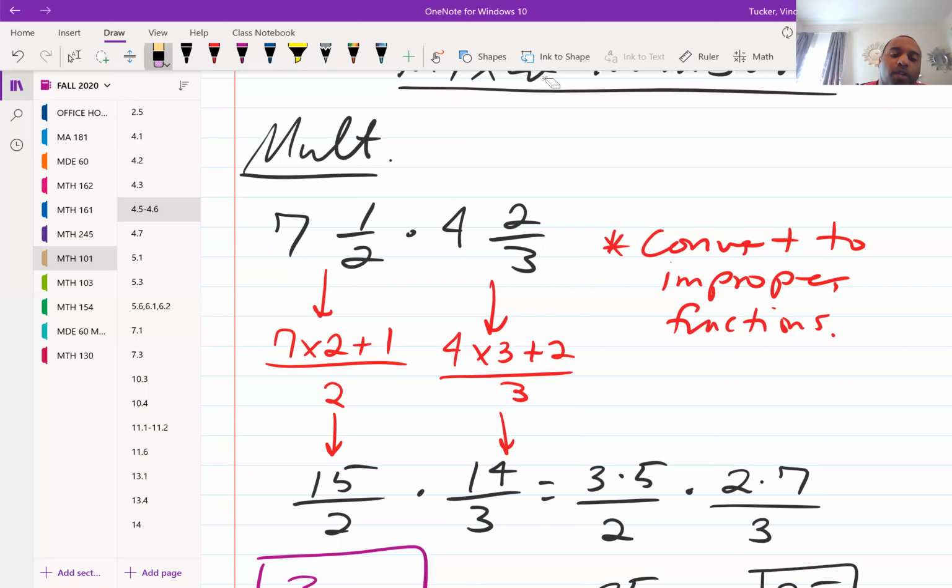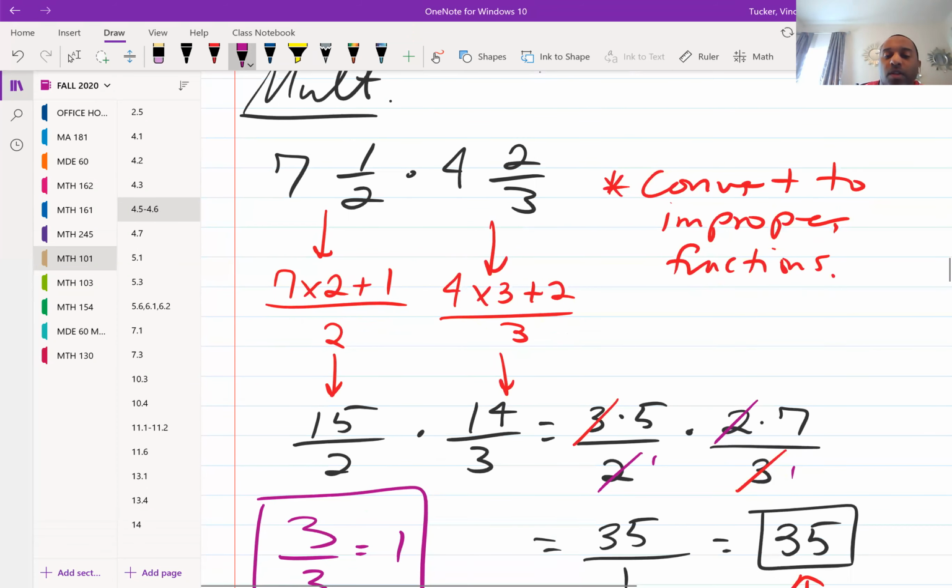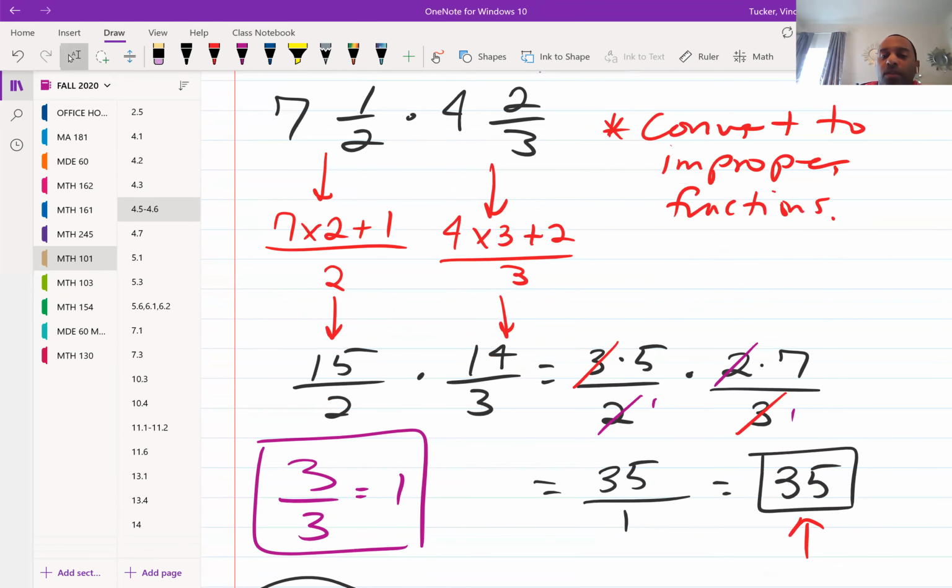All right, so then I broke up 15 into 3 times 5 and the 14 into 2 times 7 just so we can easily see what we'll be able to cancel for us. And we see that 3 can cancel here, 2 can cancel here. In both cases, the 2 and the 3 will leave just 1 because the whole thing canceled. So you multiply across, all you have left is 5 times 7, which is 35 over 1.